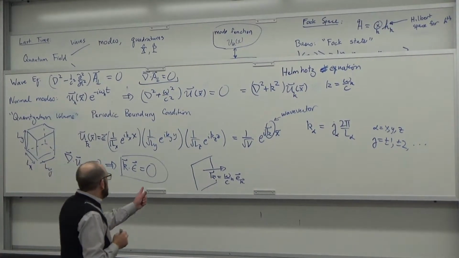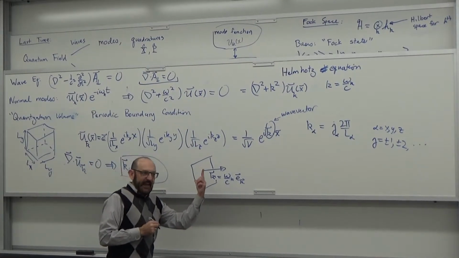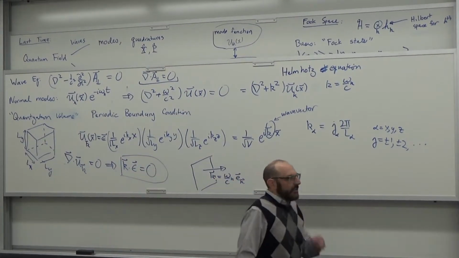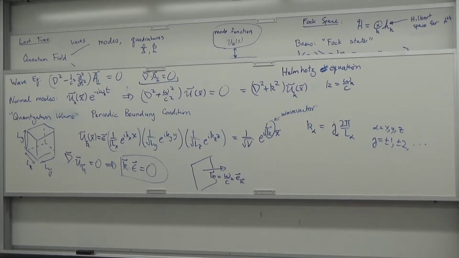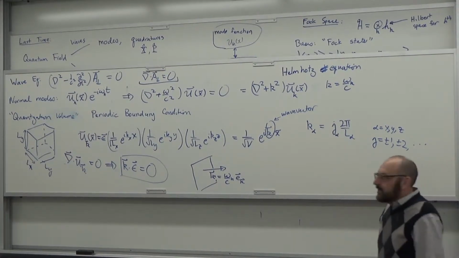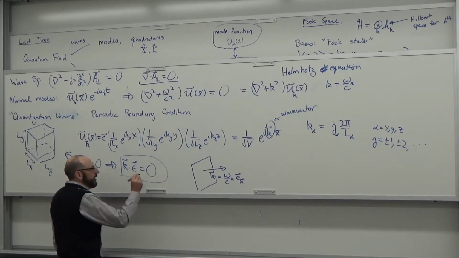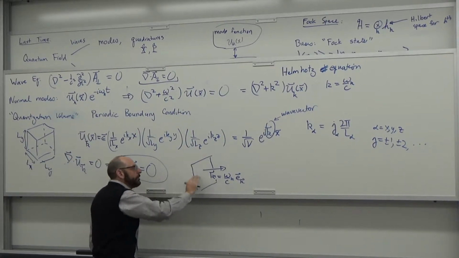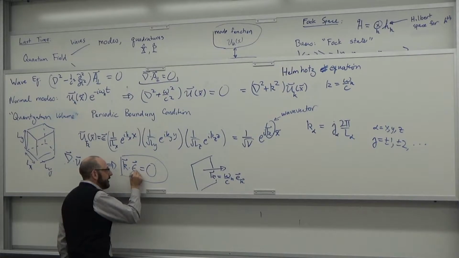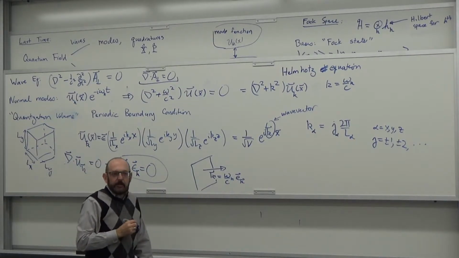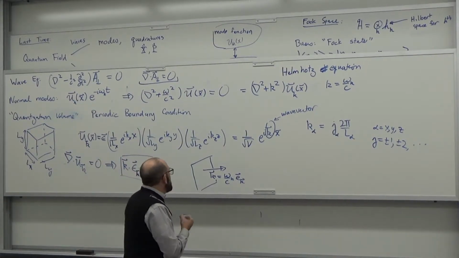Now, I can have 2 different orthogonal vectors that span that space. So my polarization vector now depends on what plane I'm in, so it depends on k.